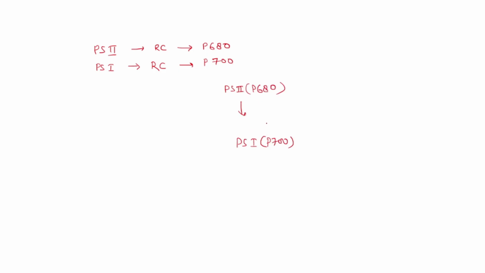If the available light has wavelength beyond 680, that means more than 680, PS2 cannot function efficiently, that means non-cyclic photophosphorylation stops. So the question is asking what process can continue when only PS1 remains active.